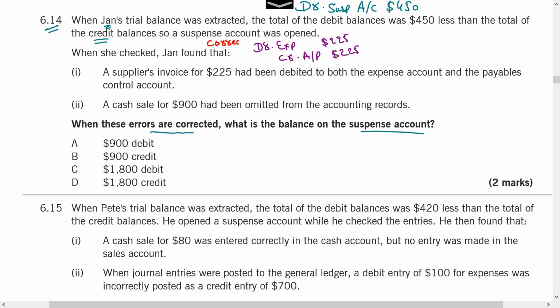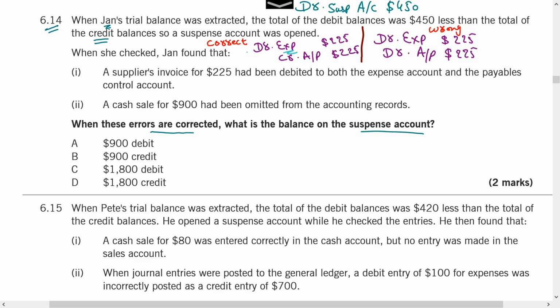So it was the correct entry. Now let's talk about what she actually did. She basically debited both of these accounts by $225. So it is a wrong entry.